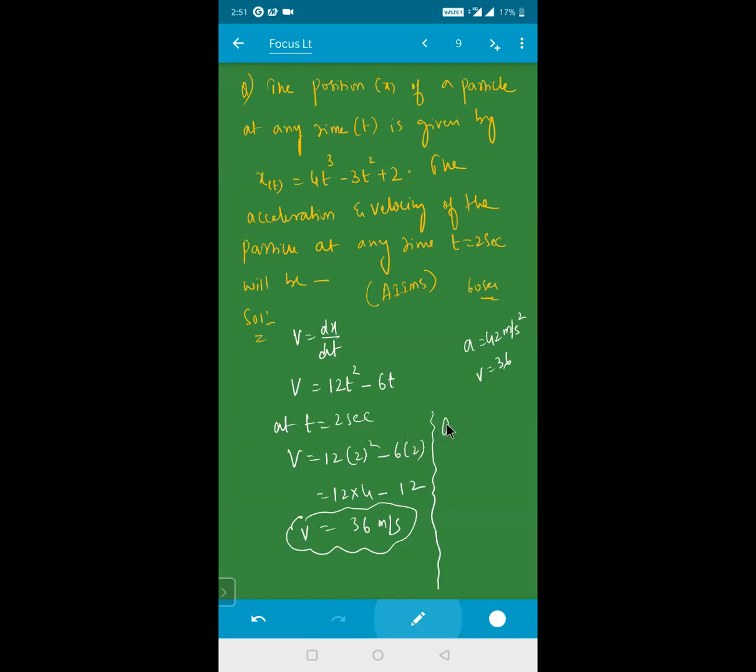जल्दी. ये इज इक्वल टू कितना है? इसको डिफरेंशिएट करना है. Differentiation of this one is how much for me? 12 into 2, acceleration 42 आ रहा, sir. हाँ, 24 t minus 6. 42. 24 minus 6. पक्का?